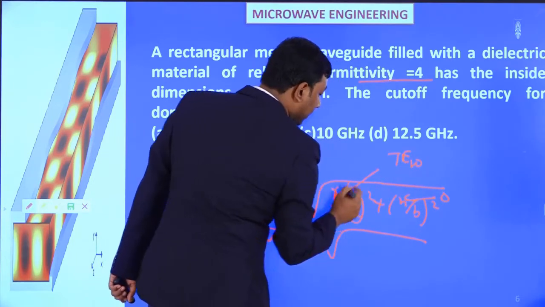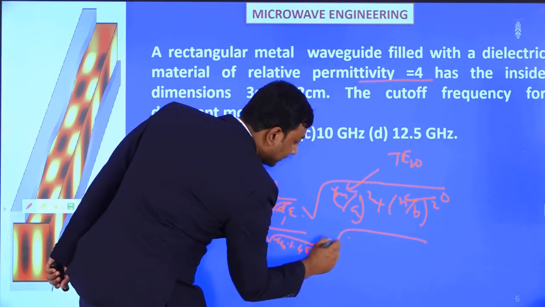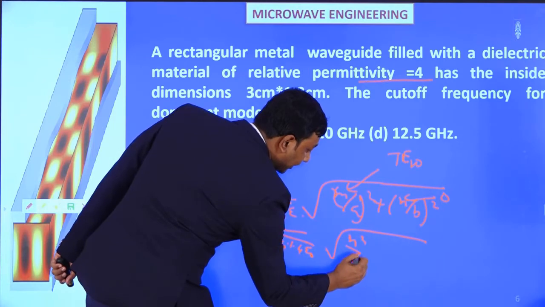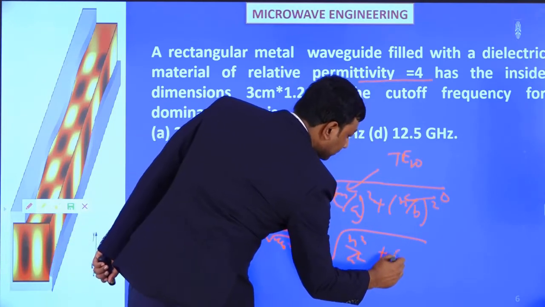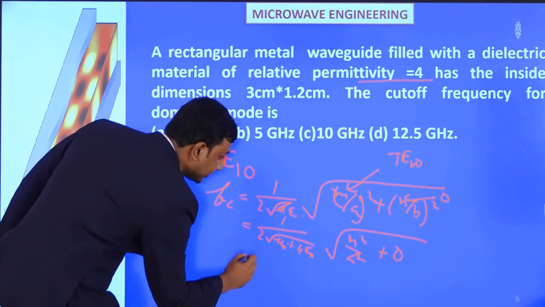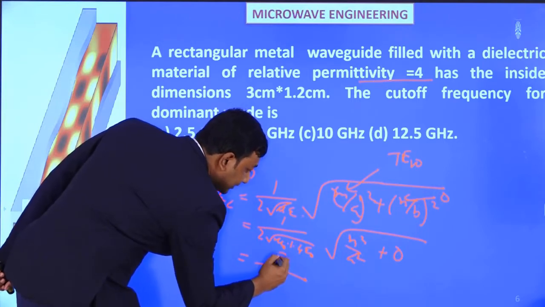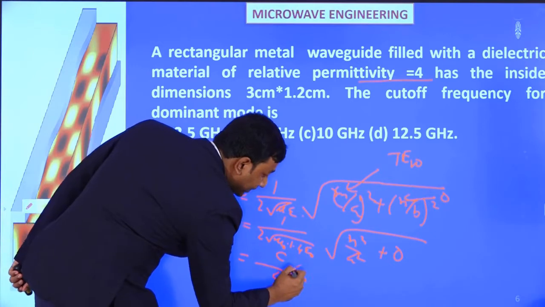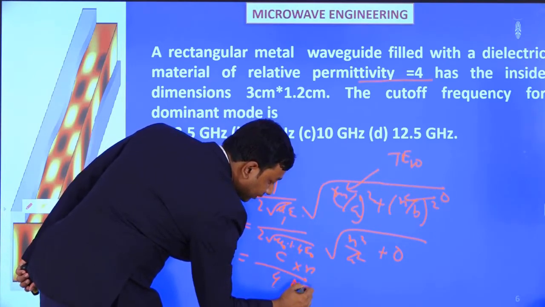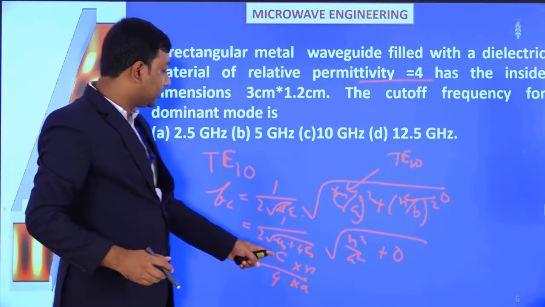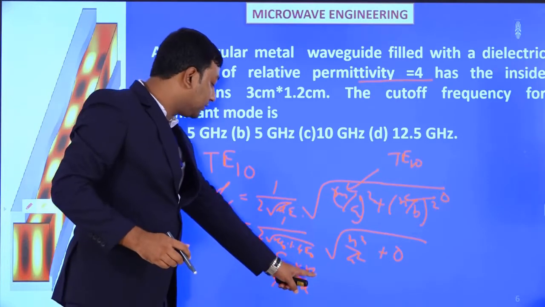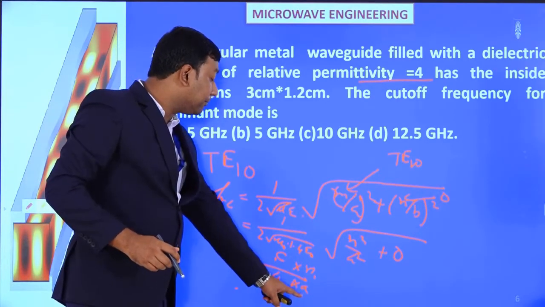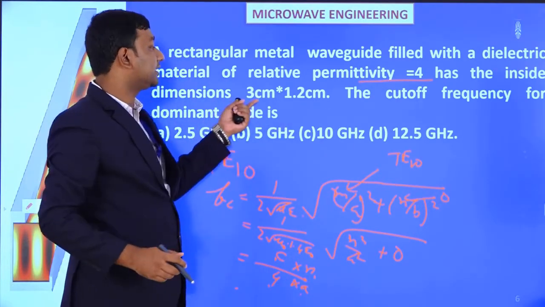If we place m as 1, we get m square by a square only, and the other part becomes 0. So this equation further we can write as c by 4 into m by a. The c value we know is 3 into 10 to the power 8 meter per second, m value is 1, 4 into a value is given, that is 3 centimeter.